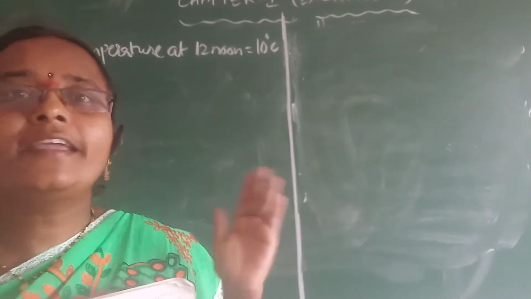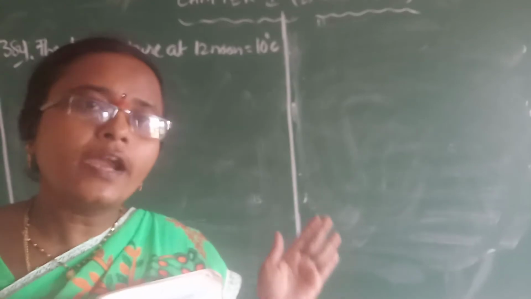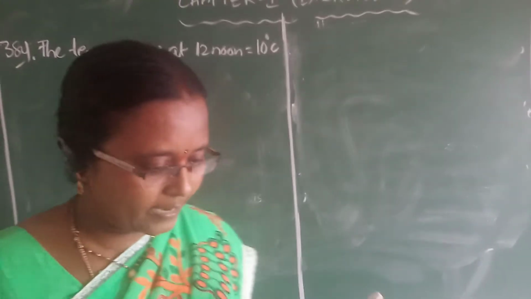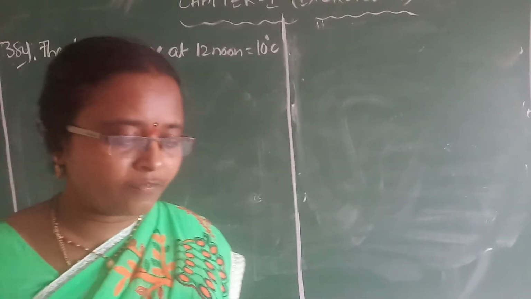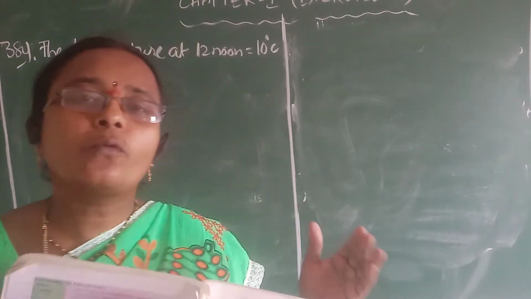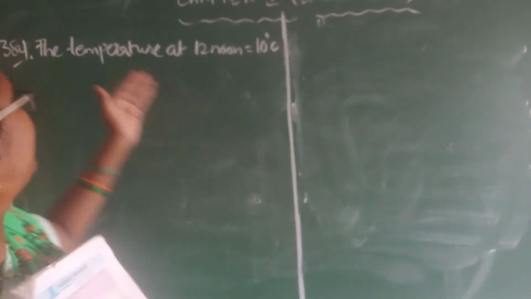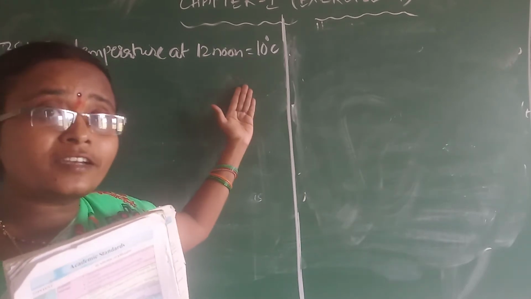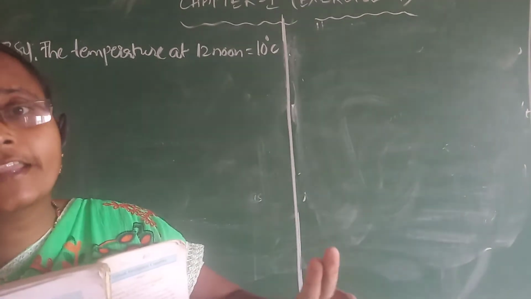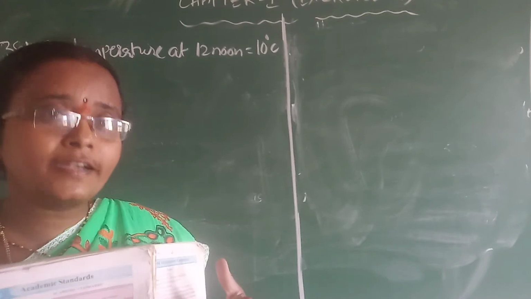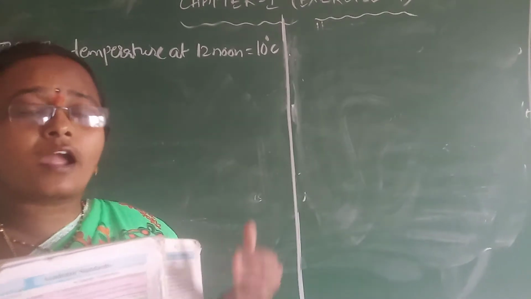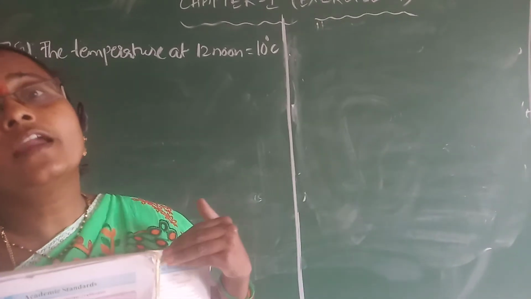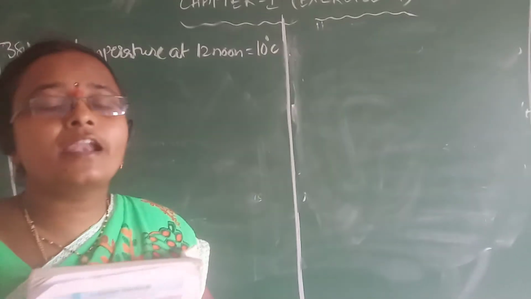It's plus 10 degrees centigrade. At 12 noon it was plus 10 degrees centigrade. And if it decreases at the rate of 2 degrees per hour, so per every 1 hour, at 12 o'clock, next at 1 o'clock it is decreasing. How much is it decreasing? 2 degrees centigrade, means it is getting 8 degrees centigrade. Next at 2 o'clock again it decreases 2 degrees. It means it becomes 6 degrees centigrade.